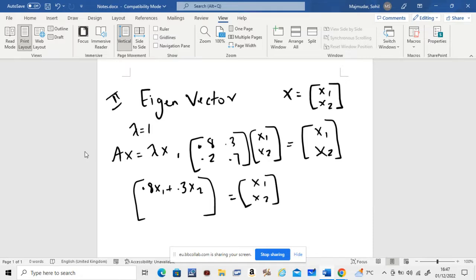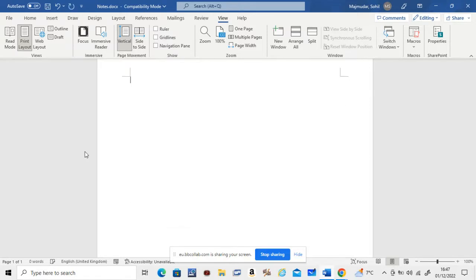And multiply the second row with the column, you get 0.2x1 plus 0.7x2. Now we equate the first term with the first term, and the second term with the second term. You get 0.8x1 plus 0.3x2 equals x1.